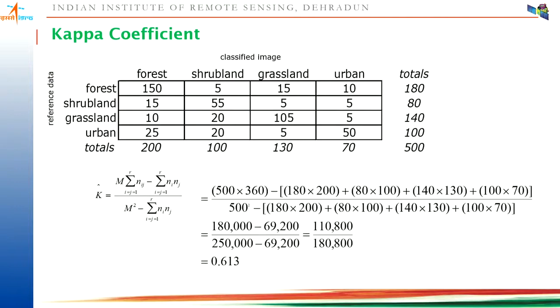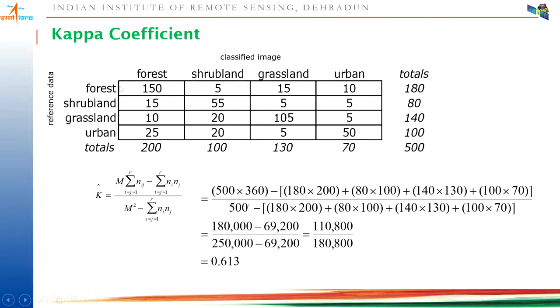I will give an example so that you can understand the formula. Now this is another confusion matrix in which there were a total of 4 classes: forest, shrubland, grassland, and urban. The classified output and reference data are given here. Here you see the rows and columns are different.